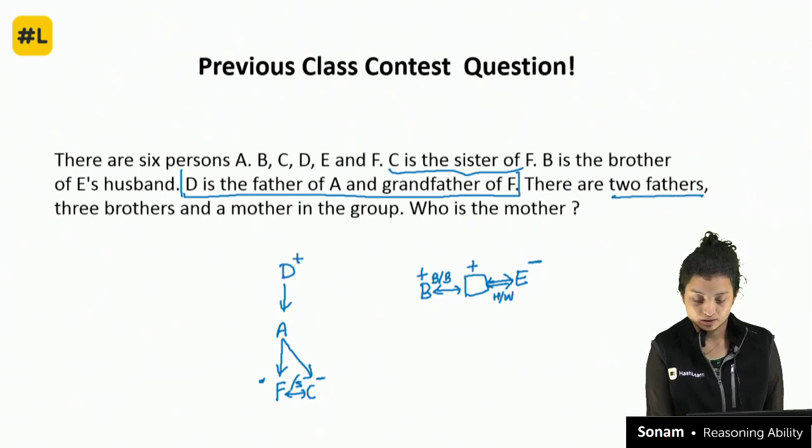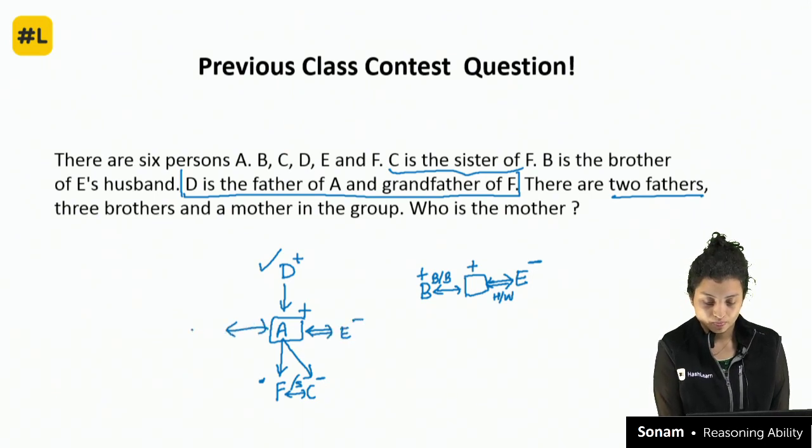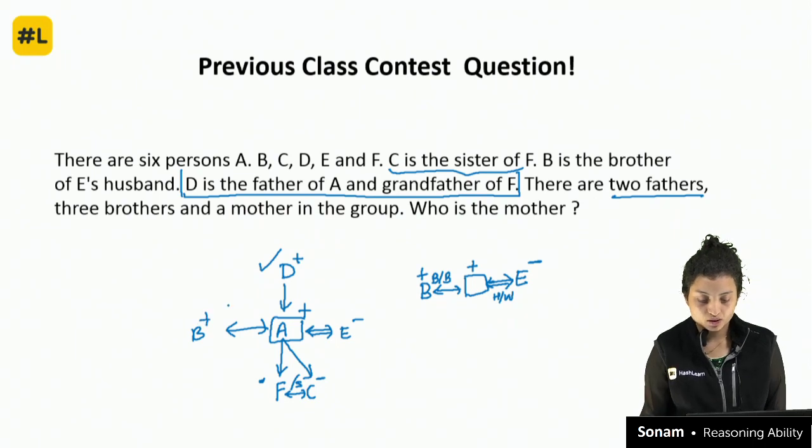There are 2 fathers, so yes, this person is also a father, and there can be one more father. I can make this person also father, no? So I can put it over here. So this is all my total number of 6 people, A, B, C, D, E, F. So all the people are here in this diagram.